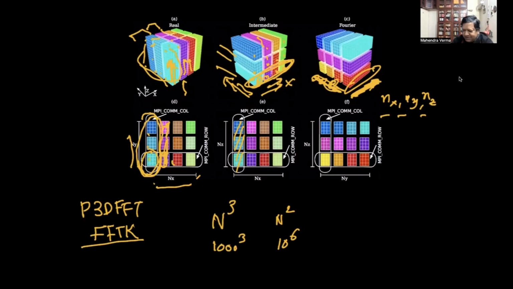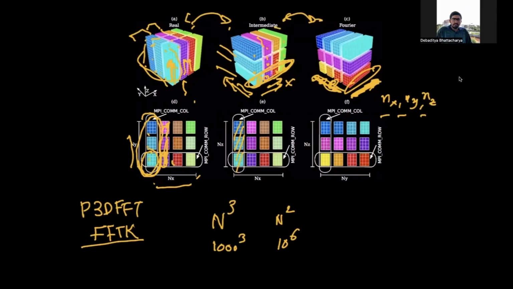Yes, we are doing 2 sets of communications, right? From here to here and here to here. By the way, communication from here to there and there to there is of the same complexity. Yes, sir, but this will only be beneficial when the communication time is far less than the computational time.